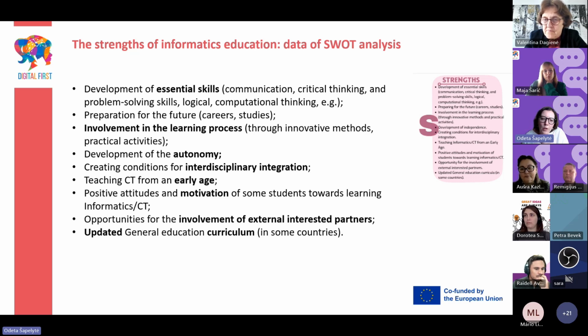Also, development of autonomy was mentioned as quite a strong side of teaching informatics. Informatics classes teach practical skills that can be implemented immediately, and students can use in everyday life the skills that they are taught during informatics classes. Also, interdisciplinary integration was seen as a positive and valuable aspect.